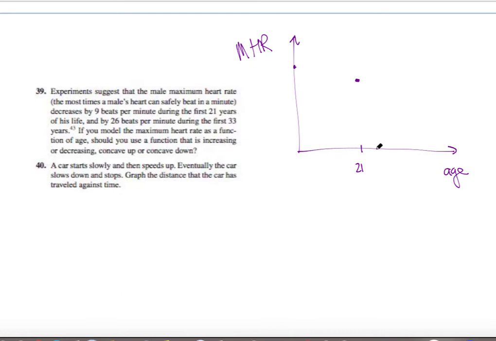And then roughly to scale during the first 33 years, so maybe another third here, it actually decreases by 26. So literally just plotting these 3 points, I can see a trend that seems to do something like this. Therefore, we want to use a function that is decreasing and concave down.